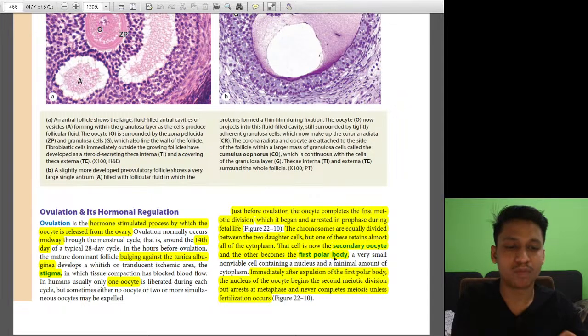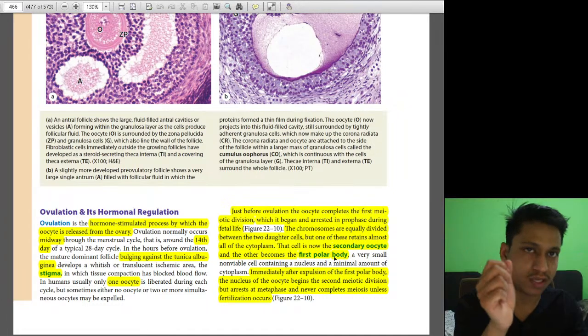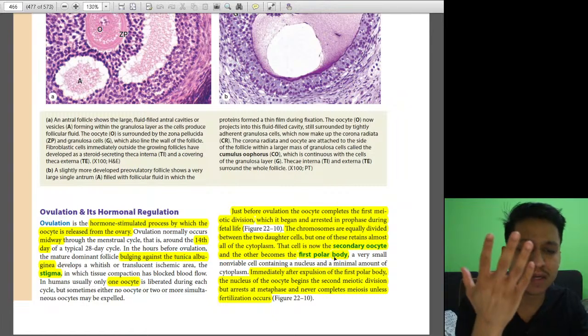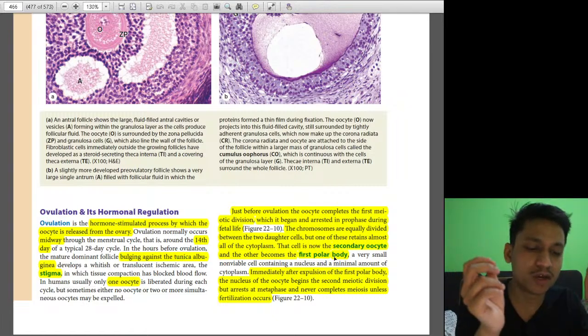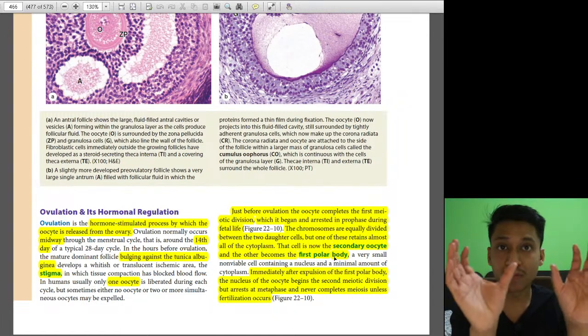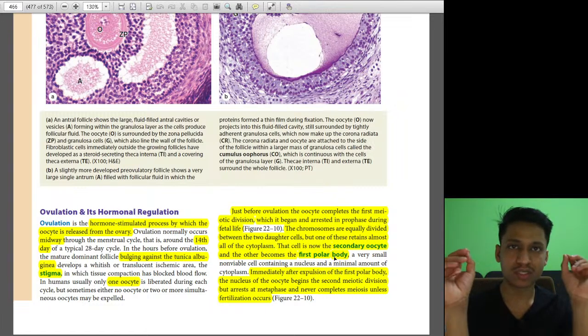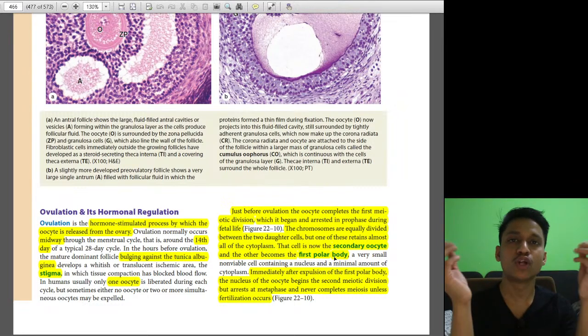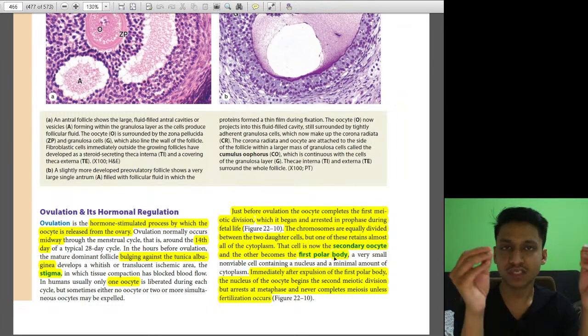So now, when the chromosomes are equally divided and this oocyte completes its first meiotic division, we have two products. One is a secondary oocyte and one is the first polar body. Chromosomally, they divide equally because it's a normal first meiotic division.